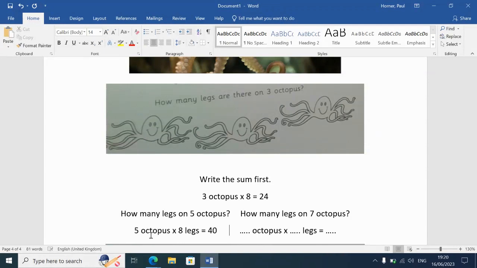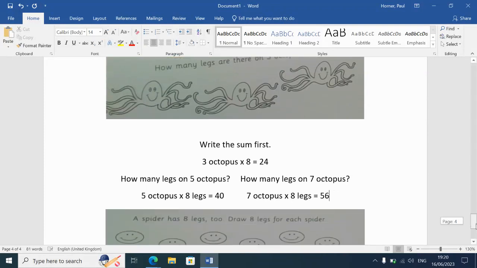Okay, and how many legs on 7 octopus? 7 octopus times 8 legs, and altogether that's 56.